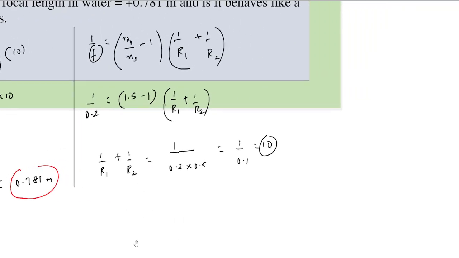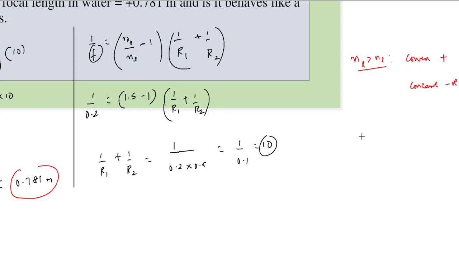We learned in theory that whenever the refractive index of the lens is more than that of the surrounding medium, the lens nature will not change at all, which means a convex lens will have a positive focal length and a concave lens will have a negative focal length, where the nature remains as it is.